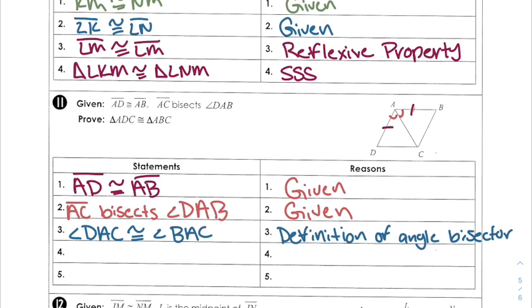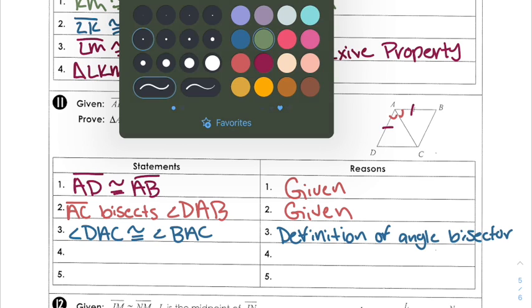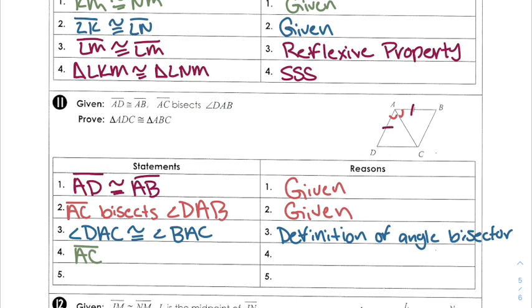Okay? And sadly, we're not given anything else from what they just told me. But let's look at our diagram, right? It's 2 triangles, and they both share a side, which is side AC. And as we've said many, many times, a side is congruent to itself by the reflexive property.